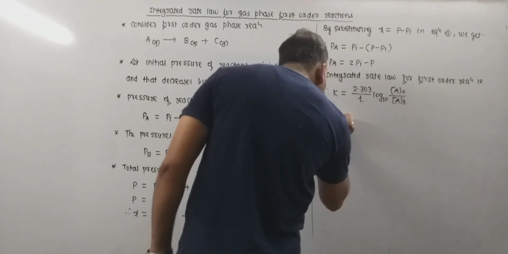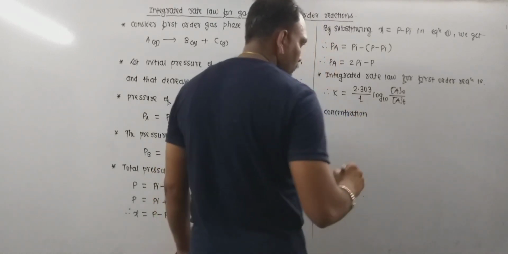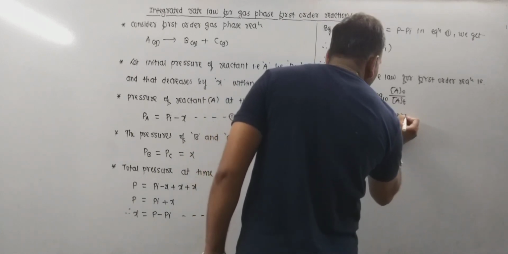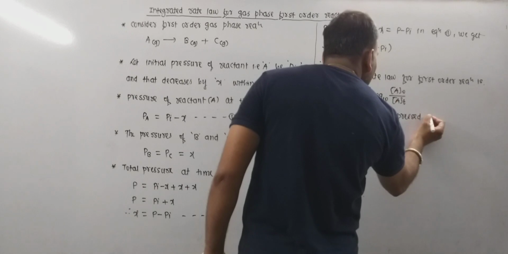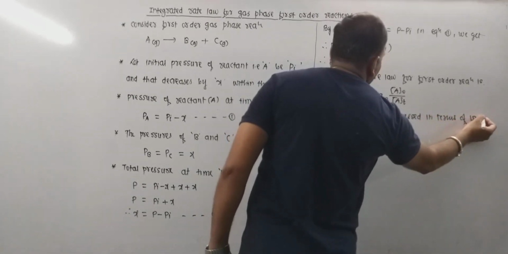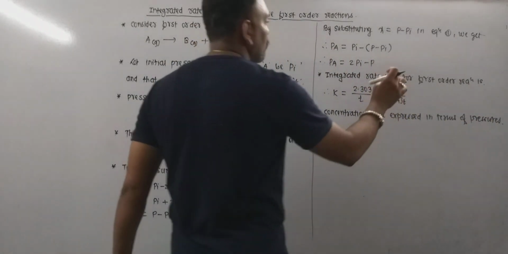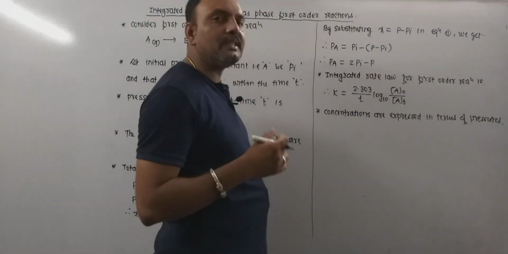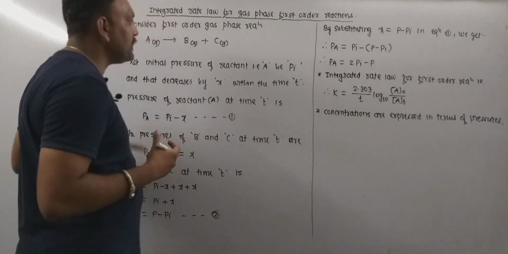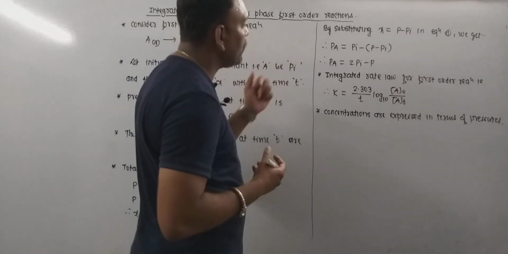So concentrations are expressed in terms of pressures. Concentration of A naught is the initial concentration of reactant, so we need to take the initial pressure right here. The initial pressure of reactant is Pi.